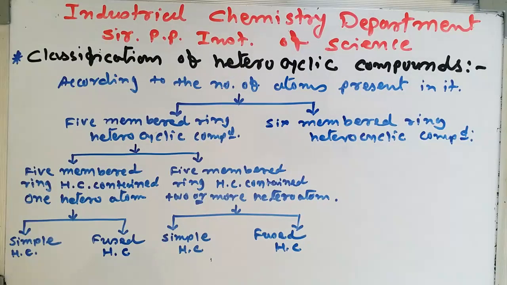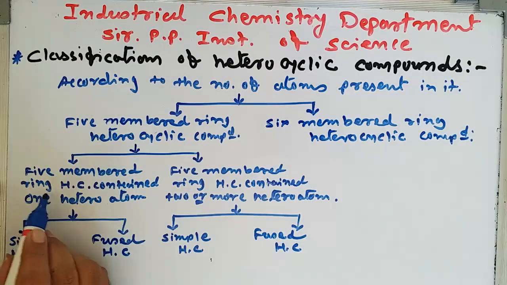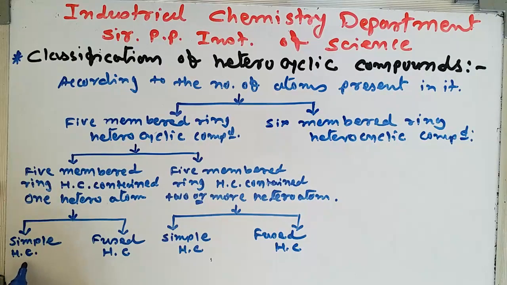First of all, we see different types of examples of this heterocyclic compound. Simple 5-member ring containing one heteroatom as simple heterocyclic compound, we give name A.